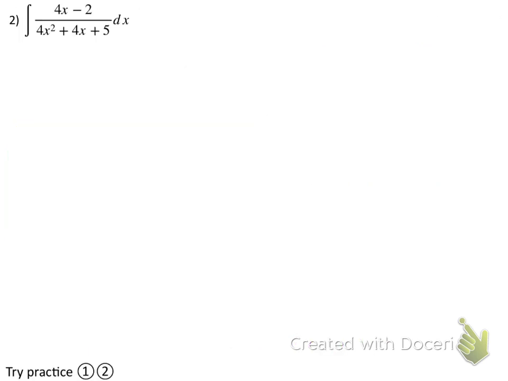In this question I'm trying to illustrate what you would do when you have a more complicated quadratic denominator than x squared plus 1. You complete the perfect square. So pretty much I need to get that x squared plus a situation.